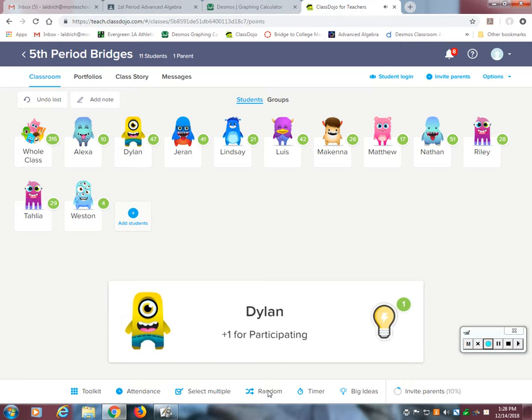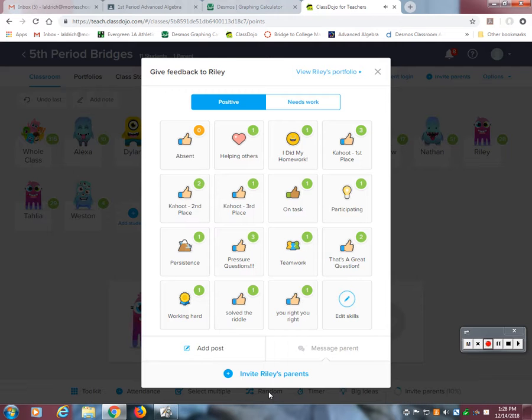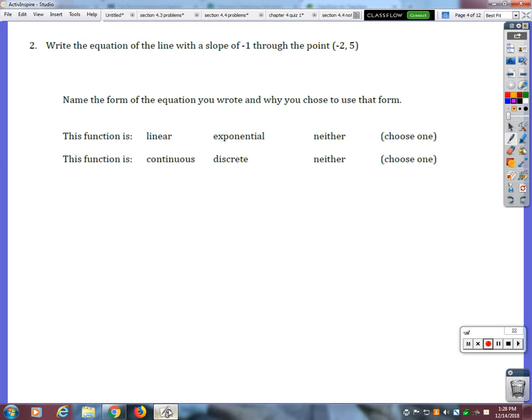Okay, so let's see. Riley, did you come up with an equation? No. Okay. So, since they've given us a point and the slope, it seems like it makes sense to use the thing that we were doing yesterday. Okay? And if you don't remember that, it's y equals the slope, parentheses, times x, opposite of x, so since x is -2, this is going to be +2, and then add 5.